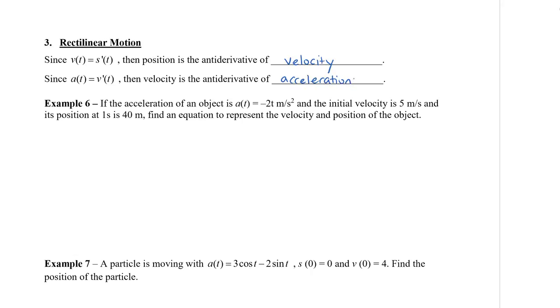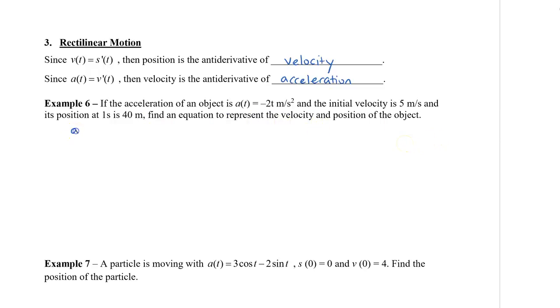Let's take a look at an example. The acceleration of an object is a of t equals negative 2t meters per second squared. The initial velocity is 5 meters per second, and its position at 1 second is 40 meters. Find an equation to represent the velocity and position of the object.